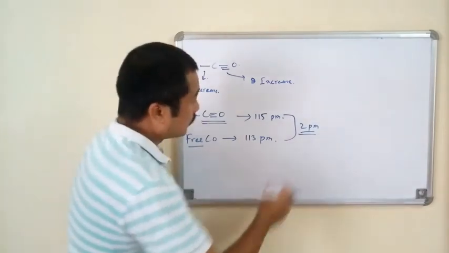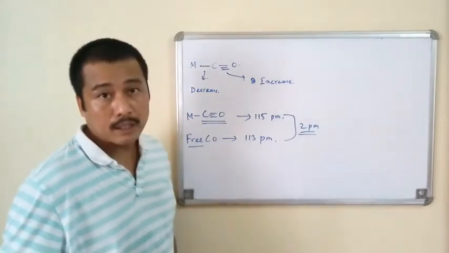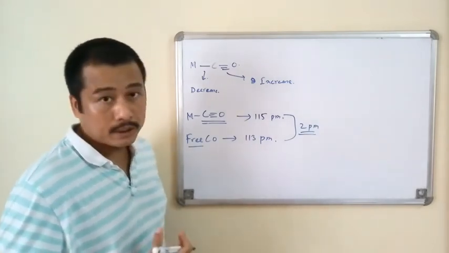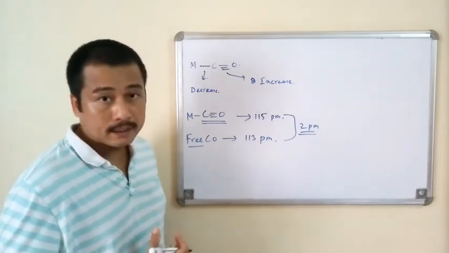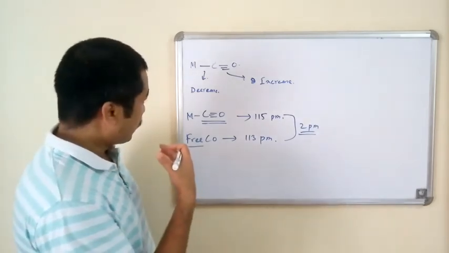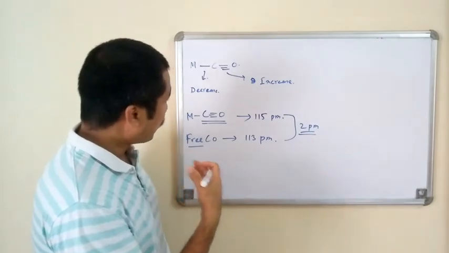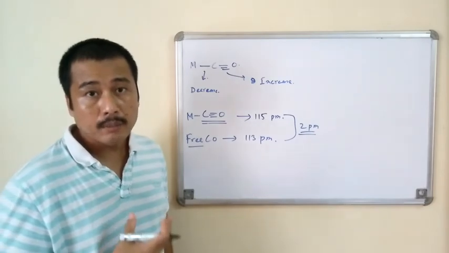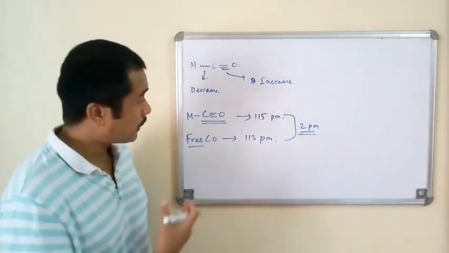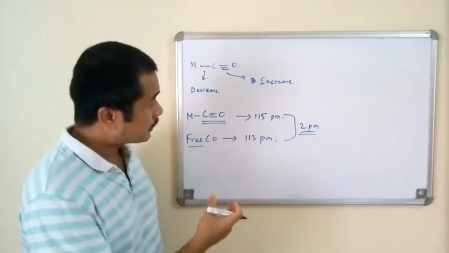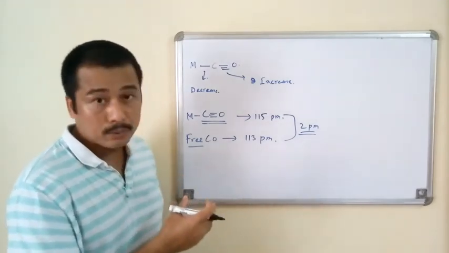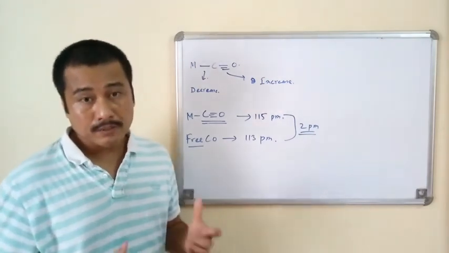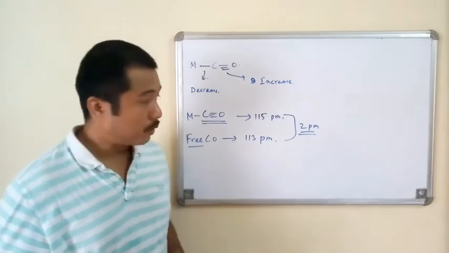But the difference is very small, and we cannot use such a small difference in bond distance to compare the extent of pi back bonding in metal carbonyl complexes, as our ability to measure this small distance with high accuracy is also very limited because of the limitation of the diffractometers that we use to measure bond distances.